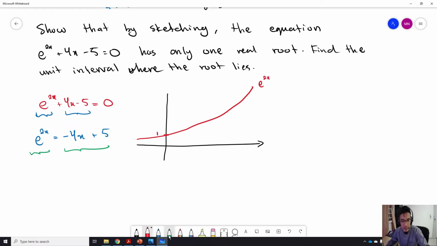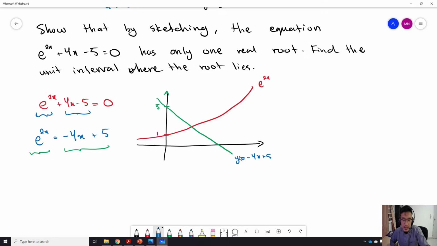And meanwhile, for the graph of negative 4x plus 5, the y-intercept is at 5 and it has a negative gradient. So this is the equation of the graph, that is y equal to negative 4x plus 5.